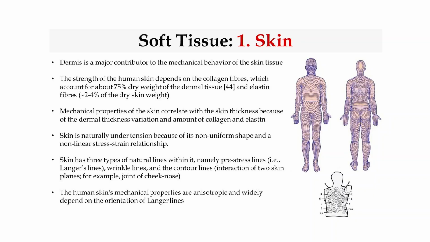Okay, these Langer lines are naturally built, this is a creation of, you can say, the outer space or God, or whichever way you want to put it. These are naturally there, and these have been measured very meticulously by a lot of researchers over the period of different years.